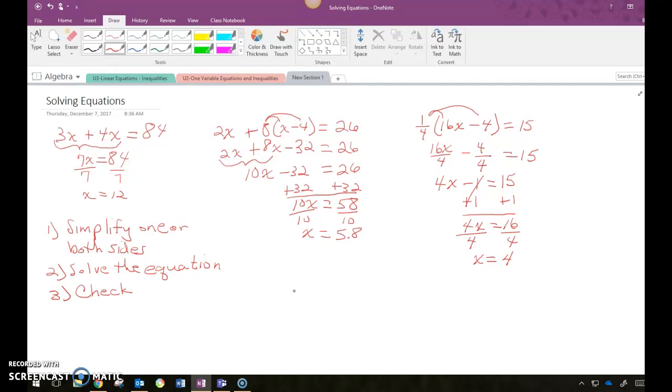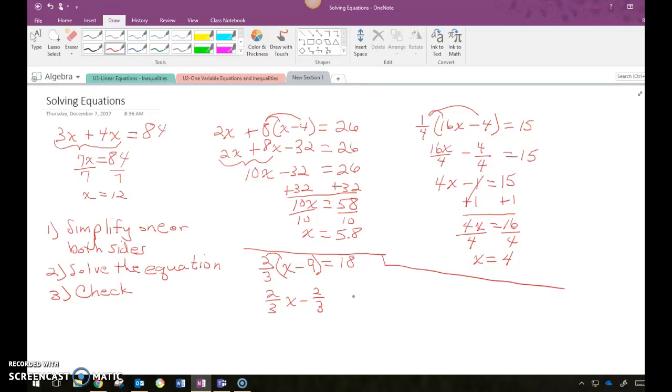Okay, so let's look at another example here. What if we had 2/3 times x minus 9 equals 18? So step 1, multiply 2/3 times x. That's 2/3 x. Next, we want to multiply 2/3 times 9.